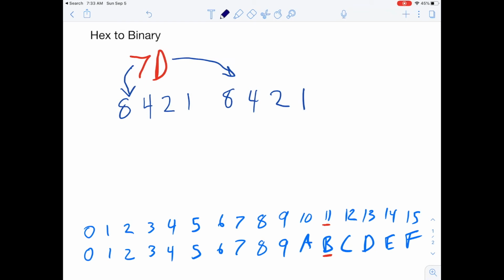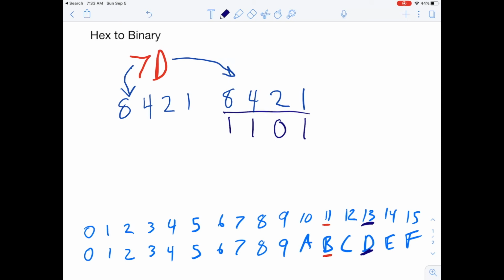So for my first binary digit for D, I come down here, I check out D. D is going to be 13. So I need the 8, I need the 4, 12, and then 1 more to 13. This 2 will be a 0.